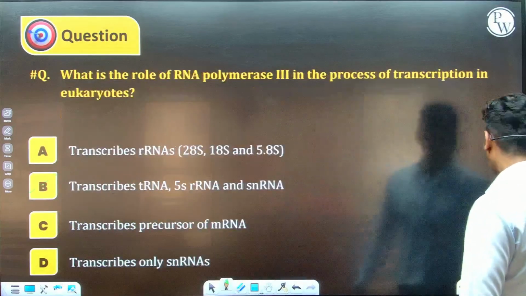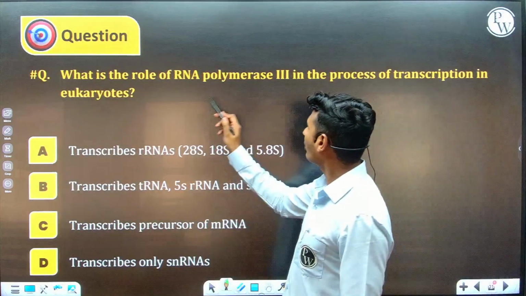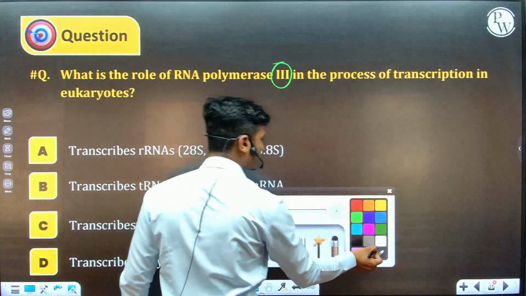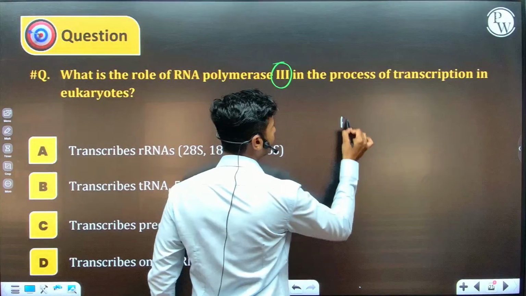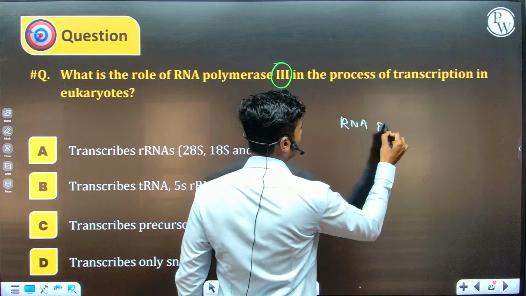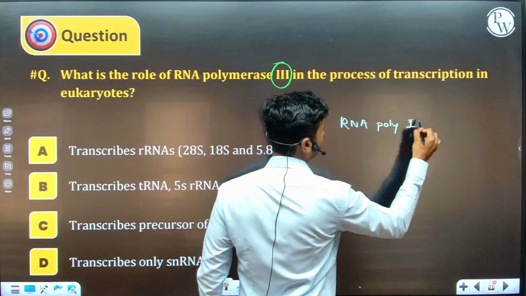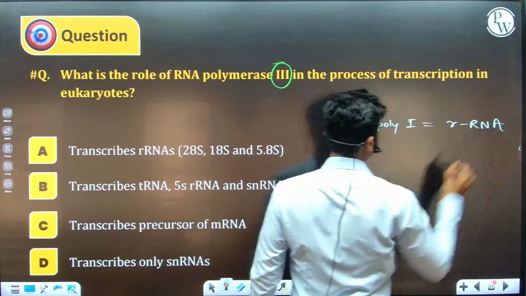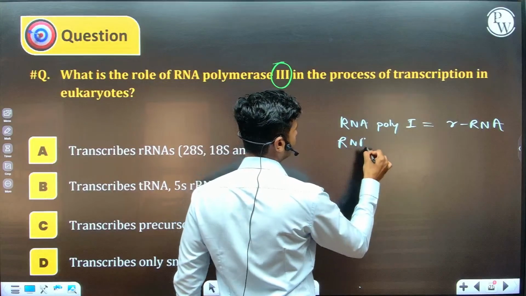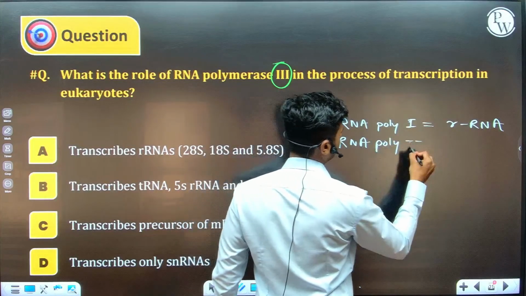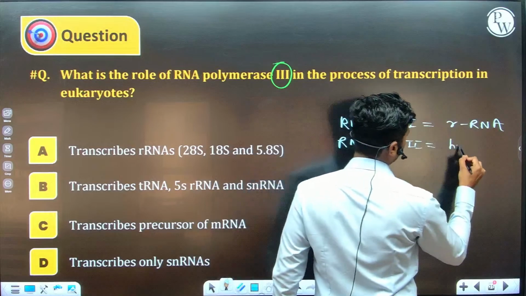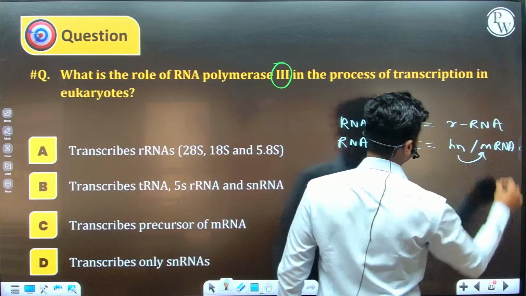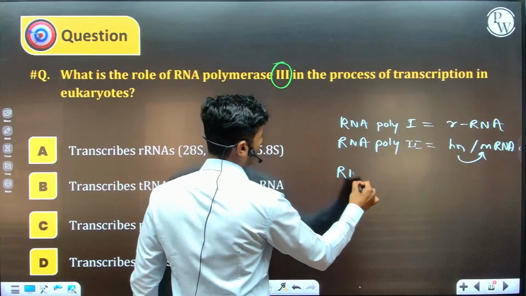Let's check another MCQ. What is the role of RNA polymerase 3? So understand the concept first. RNA polymerase 1 is responsible for formation of rRNA. RNA polymerase 2 is responsible for formation of hnRNA or mRNA, which is converted into mRNA after some processing.